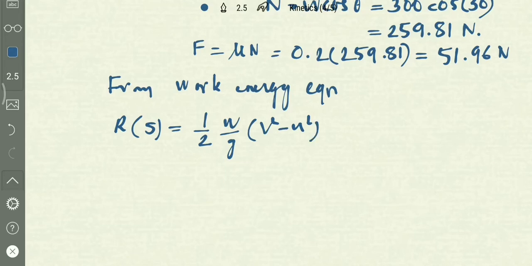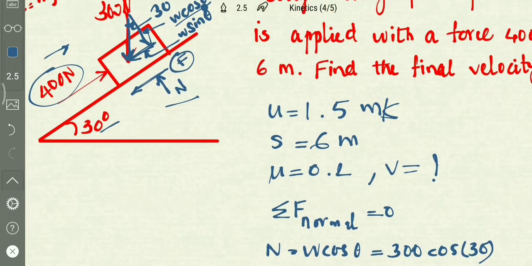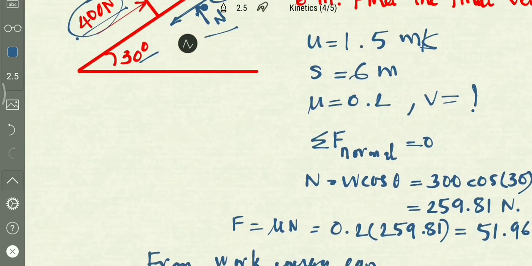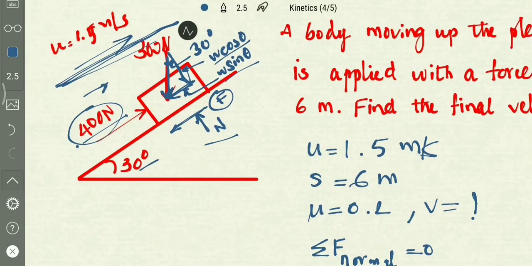So here, what is the resultant? The resultant will be of 400 newtons and W sin theta. The forces should be considered along the plane because the motion is in this plane. So what are the forces along this plane? 400 newton, W sin theta, and the frictional force F.